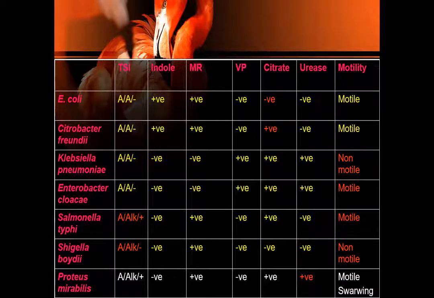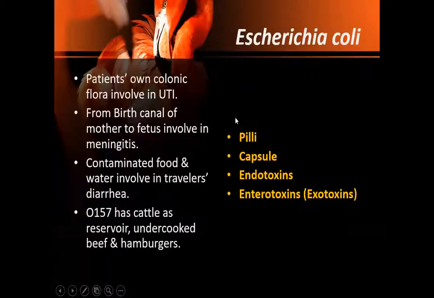Indole will be positive for E. coli, and MR will be positive. VP will show a negative reaction. And they are also motile. E. coli is motile. Okay, so here is the summary of biochemical identification of different organisms of family Enterobacteriaceae.